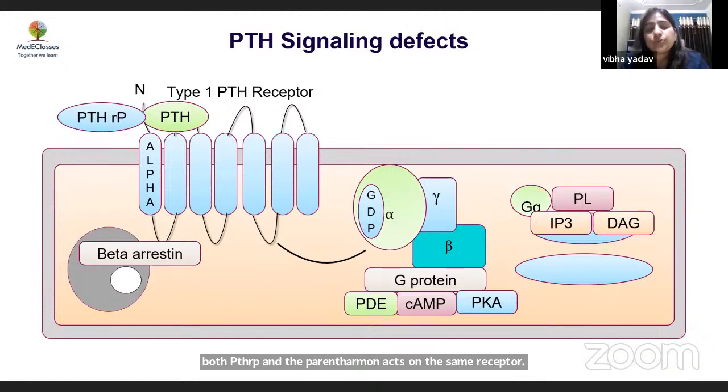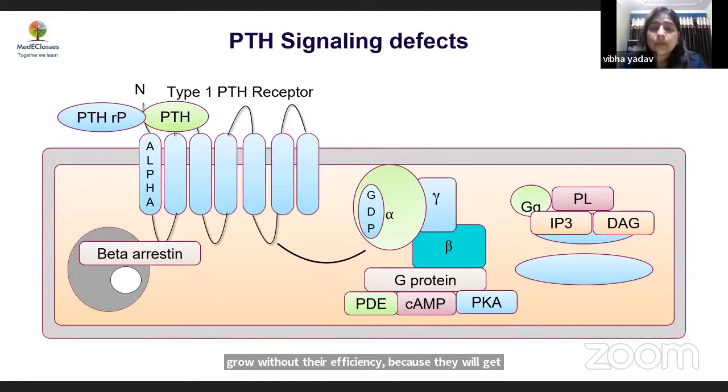Okay, so if the patient is having hypoparathyroidism, the hypocalcemia in those patients will not be that severe. The fetus can grow without PTH because they will get the calcium from the mother.